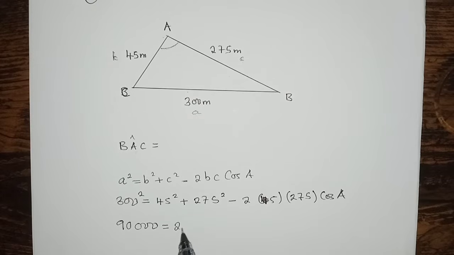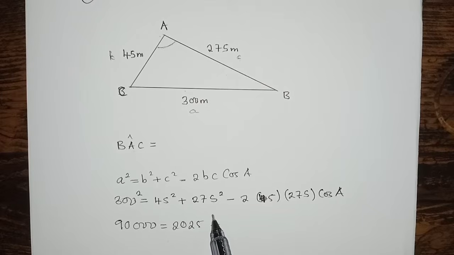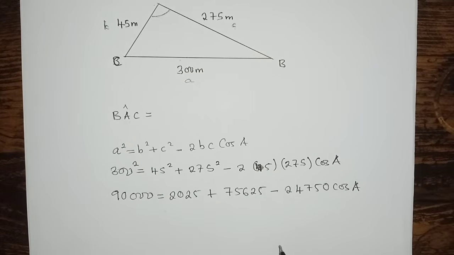We're getting 2025, plus here 75625, minus over here, what are we getting when you multiply 2 times 45 times 275? We are getting 24750 there, cos A.